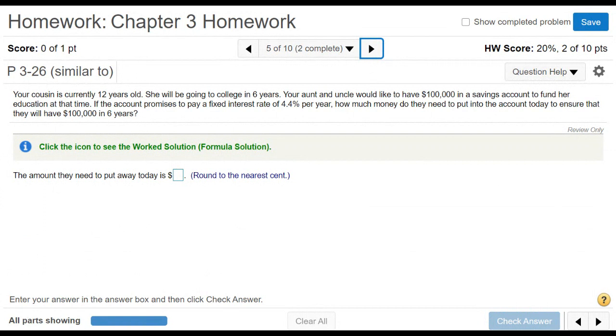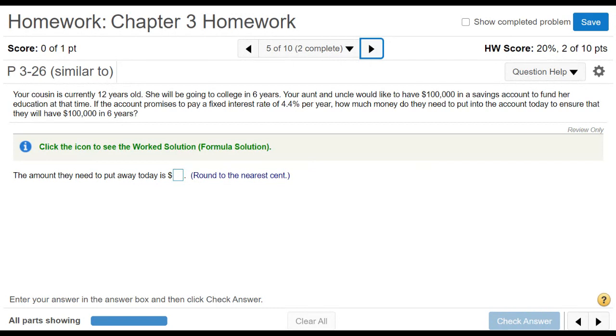If the account promised to pay a fixed interest rate of 4.4% per year, how much money do they need to put in the account today to ensure that they will have $100,000? So clearly, we need to know the present value of $100,000 for 6 years from now.